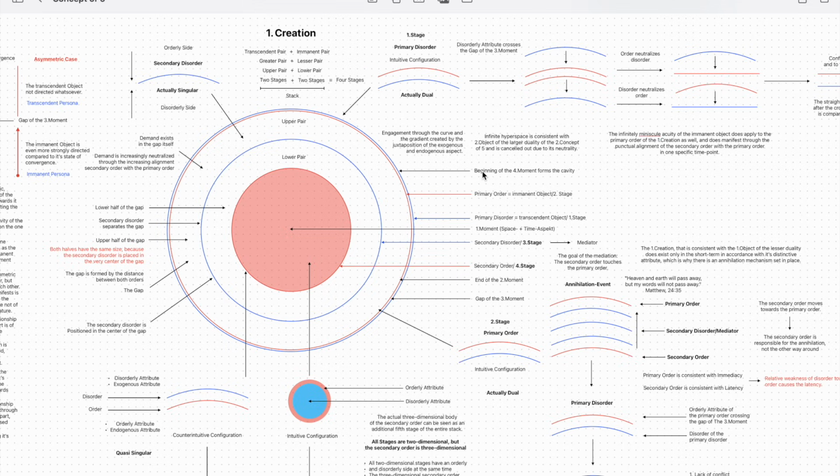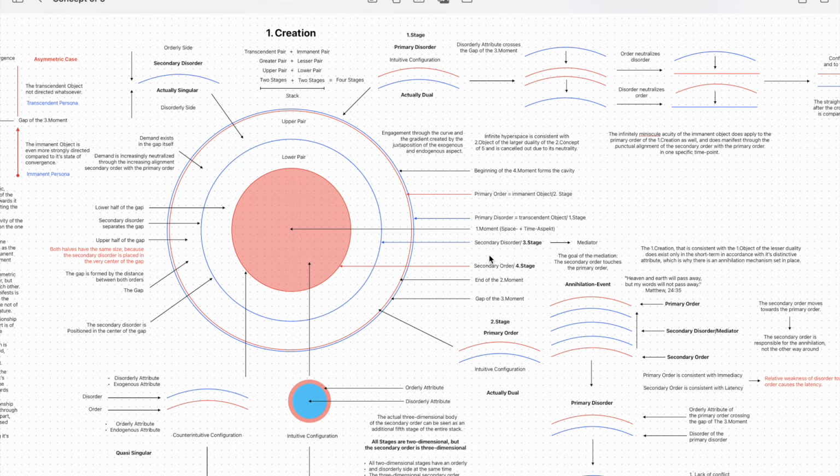The primary disorder that is directly adjacent to the primary order of the first creation is consistent with the very beginning of the fourth moment that is formed by the cavity that we also know from the transcendent object of the second concept of 5 that is directly adjacent to the inferior immanent object of the second concept of 5. So is also the second stage, meaning the primary order, directly adjacent to the primary disorder.